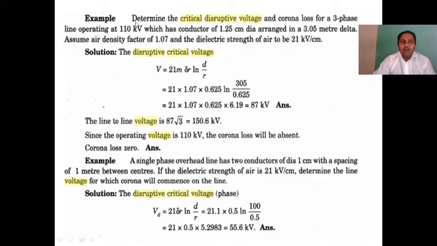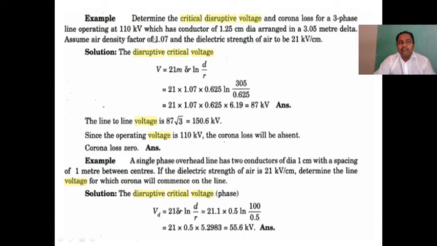Determine the critical disruptive voltage and corona loss for a three-phase line operating at 110 kV which has conductors of 1.25 centimeter diameter arranged in a 3.05 meter delta.